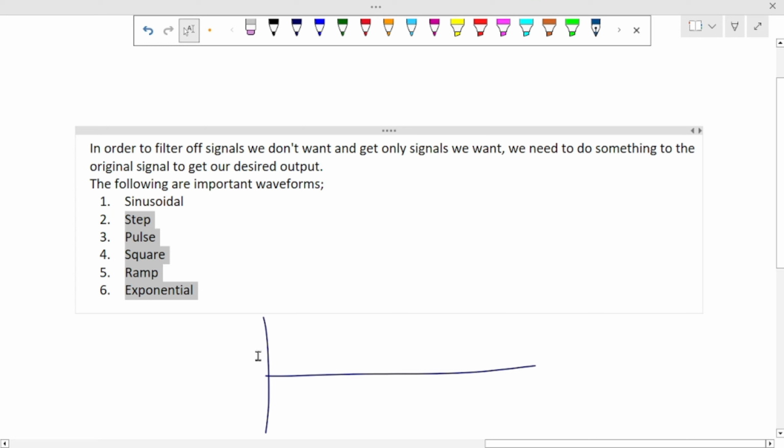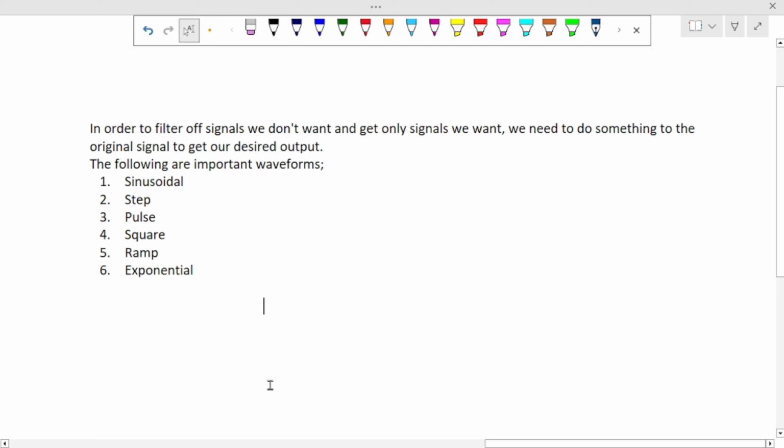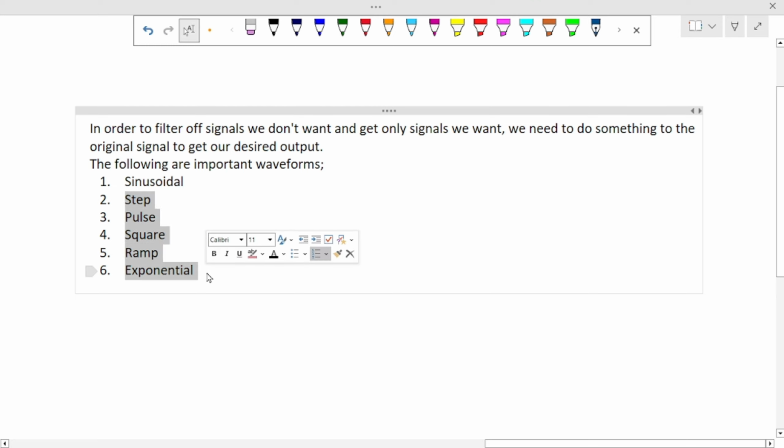So any other waveform, when they go through a linear network, their shape is changed. They are reshaped. So that means we can say non-sinusoidal waveforms are reshaped when they go through a linear network.